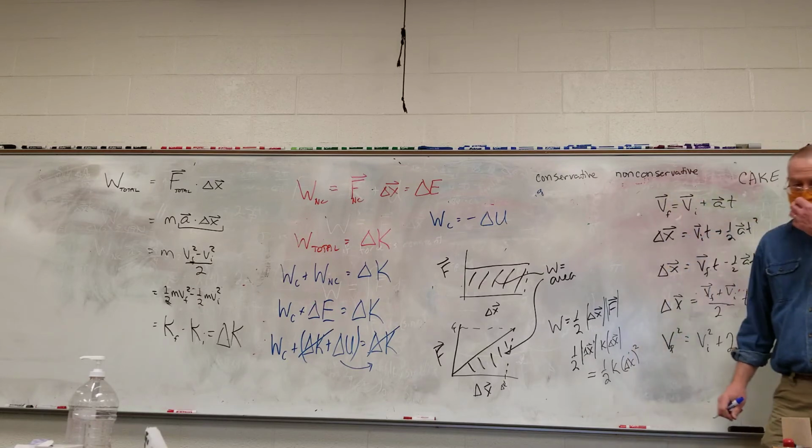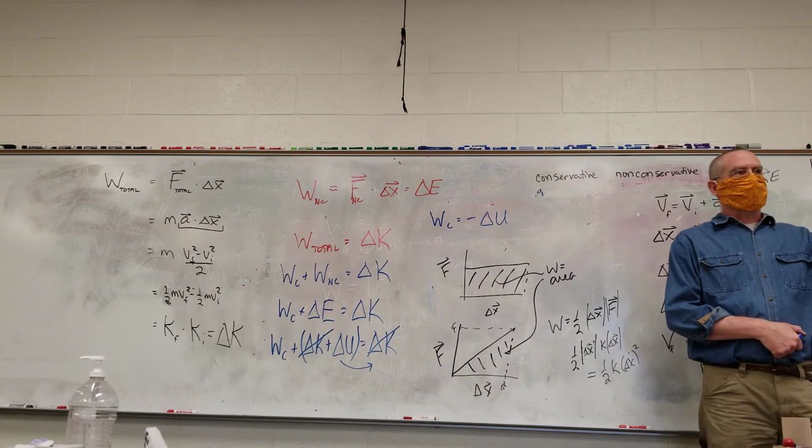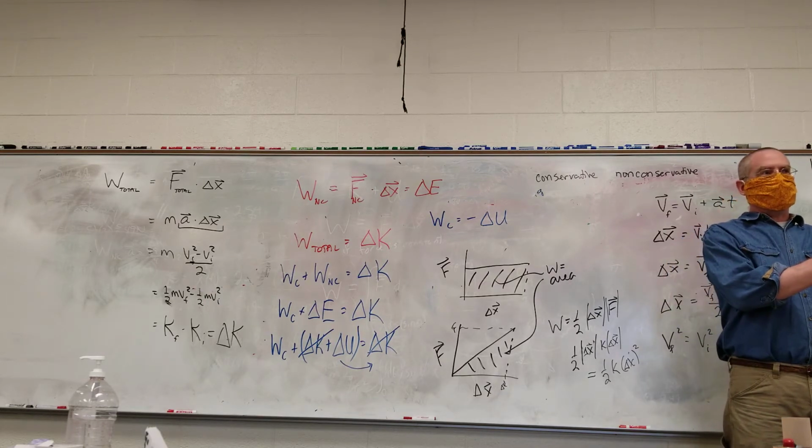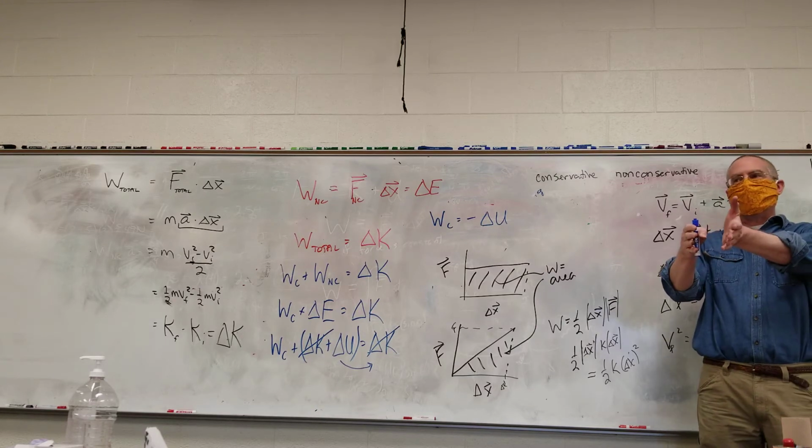That makes sense, because if you drop the marker, it has potential energy, it loses it, and there's conservative work done. Or attach it to a spring, pull the spring out, you let go, it has potential energy in the spring, and then the spring converts it into kinetic energy as it goes.